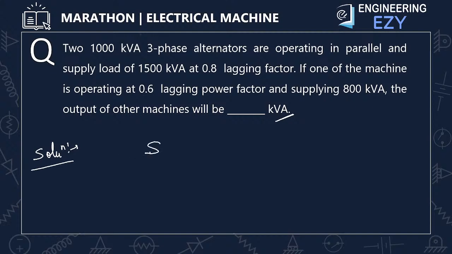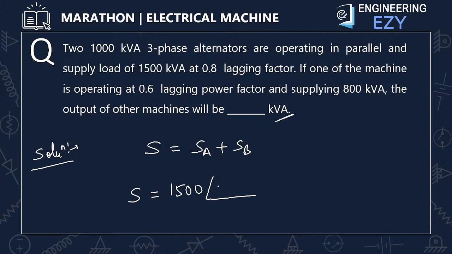Total load is provided by the two alternators. One alternator is SA, second alternator is SB. First, the total load is 1500 kVA, 0.8 lagging power factor. So total S is 1500 kVA and 0.8 power factor lagging.